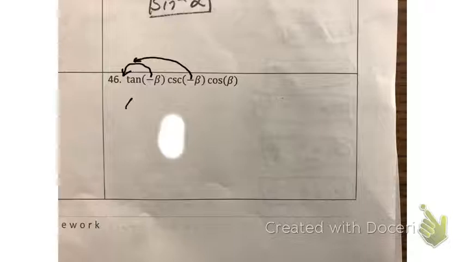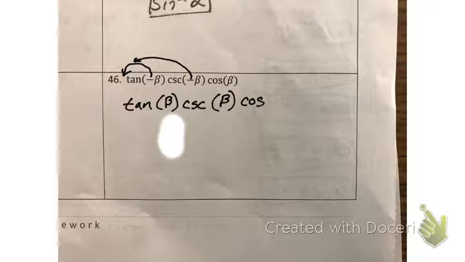So we're just going to have tangent beta, cosecant beta, cosine beta. All right, now we're going to put it in terms of sine and cosine because I do have cosine here.